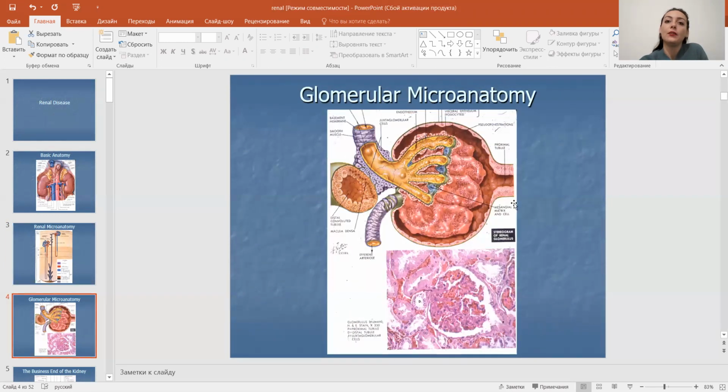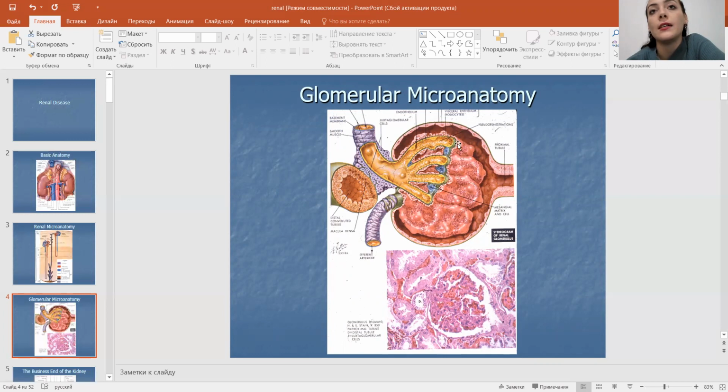Microscopically, the glomerulus unit has numerous structures like the arterial basement membrane, basement membrane, proximal tubule. There are visceral epithelium or podocytes.